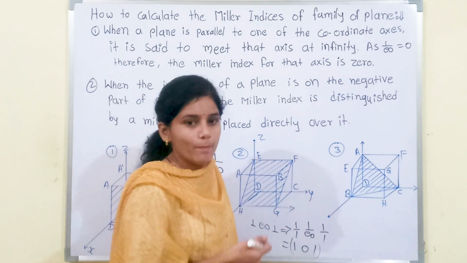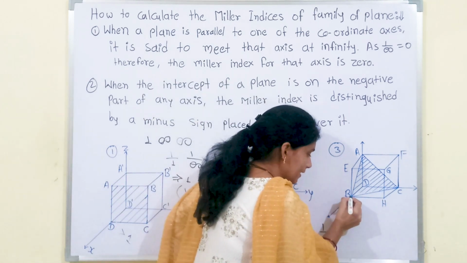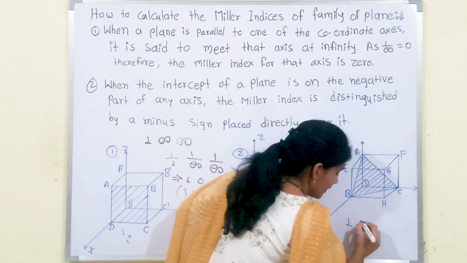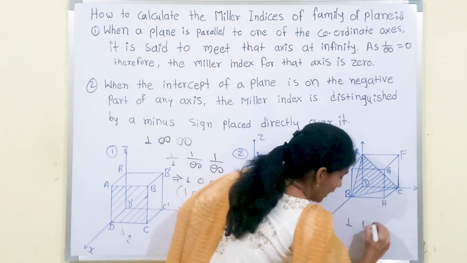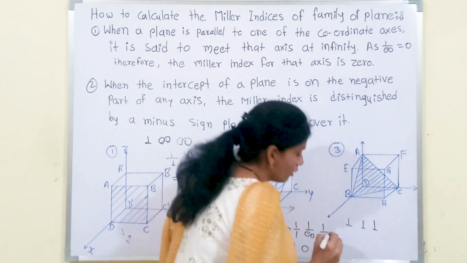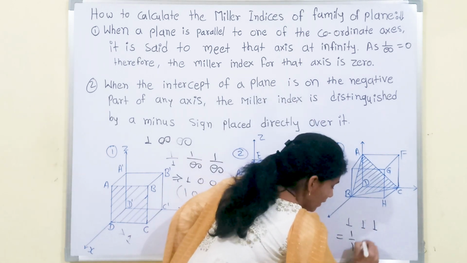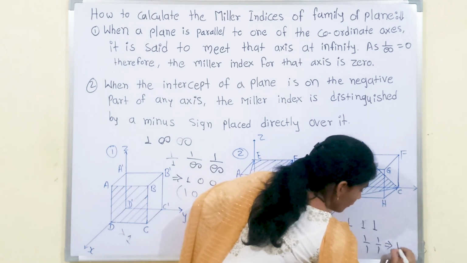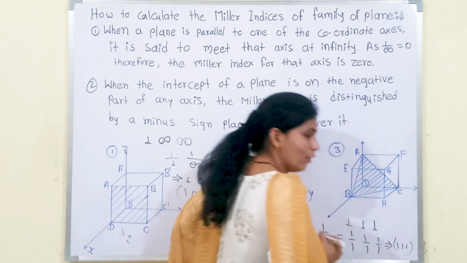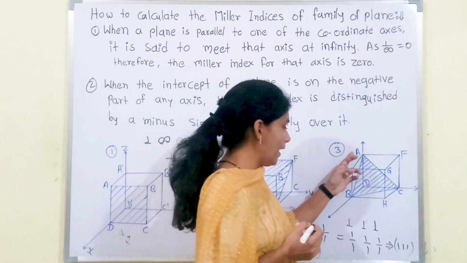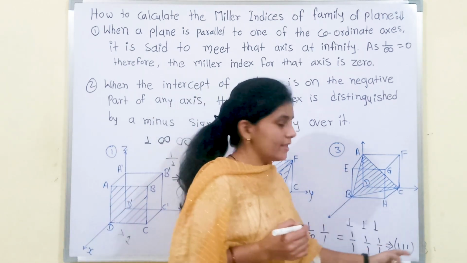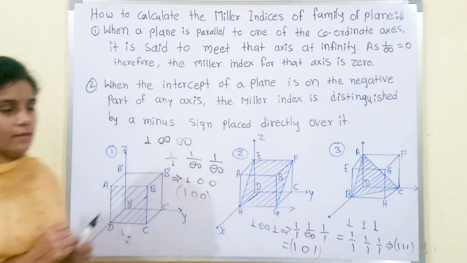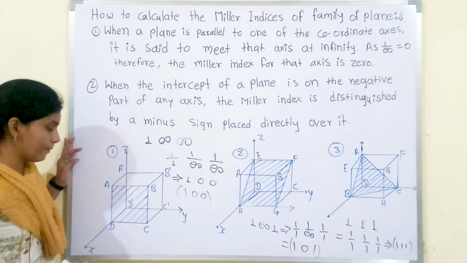The intercepts of plane ABC are 1 on the x-axis, 1 on the y-axis, and 1 on the z-axis. So we write 1 by 1, 1 by 1, and 1 by 1, and simply we get 1 1 1. So the plane ABC is the (1 1 1) plane. Let's see the next plane.